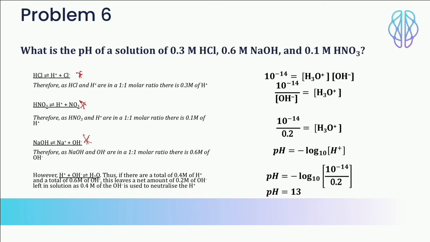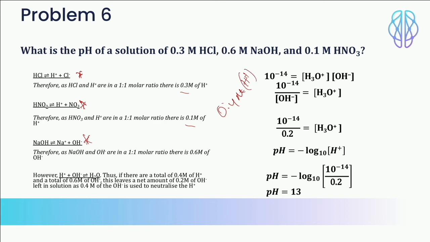If you put your thinking caps on, if we put all of these solutions into a beaker, the H+ and the OH- will react to form water and neutralize. So if we add the total amount of H+, so 0.3 and 0.1, we have a total of 0.4 moles of H+ in solution.